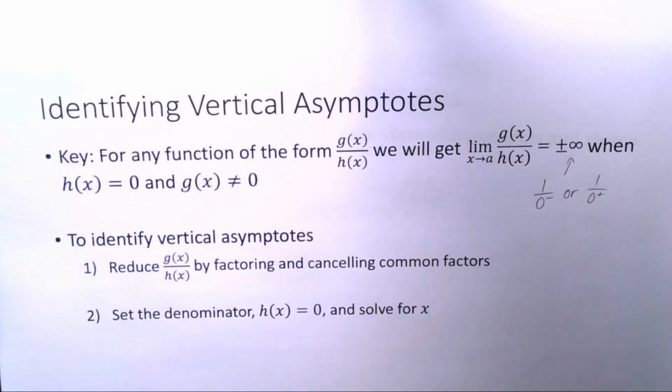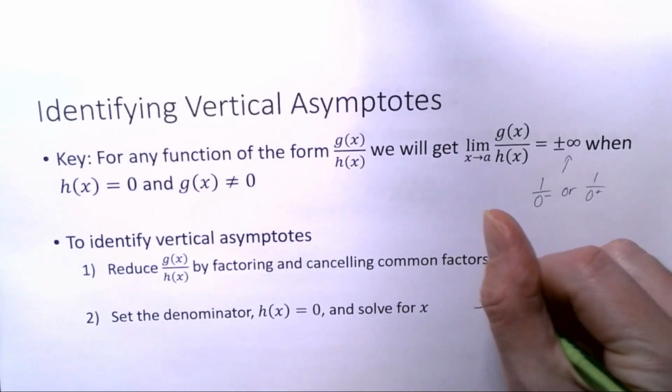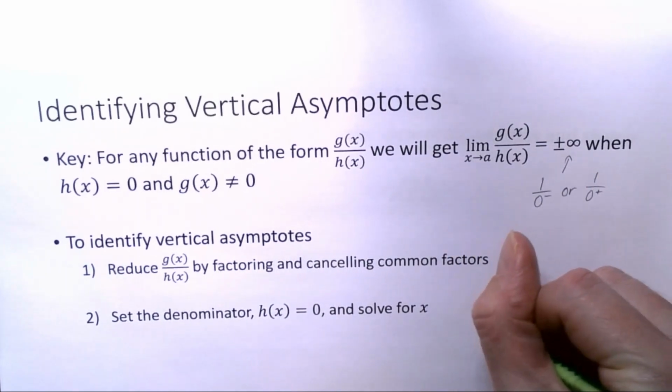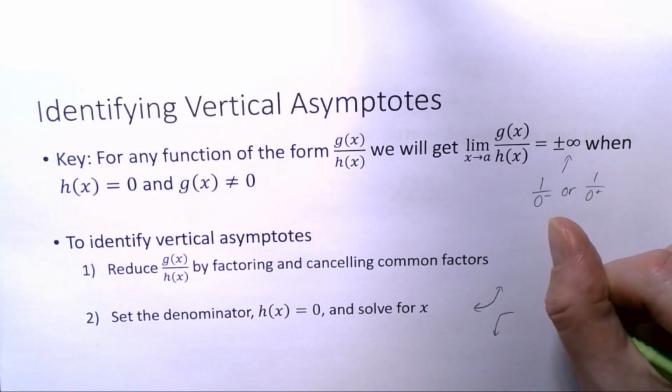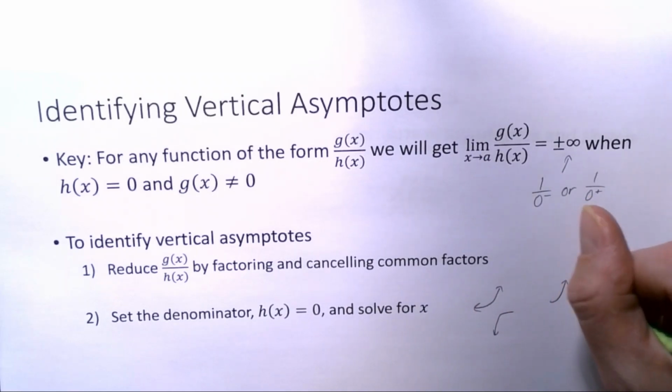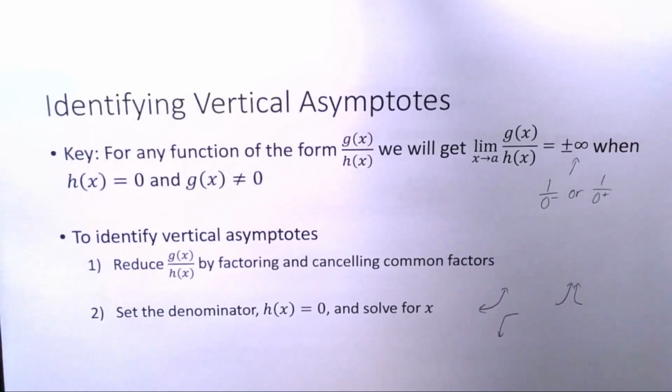If we do this, this will help us identify our vertical asymptotes, and then we can take the limits. If we take the limit on each side, we can decide whether one side is up and the other is down, whether both are up, or both are down, or it's a flipped version of this. So, that's what we're going to do next.